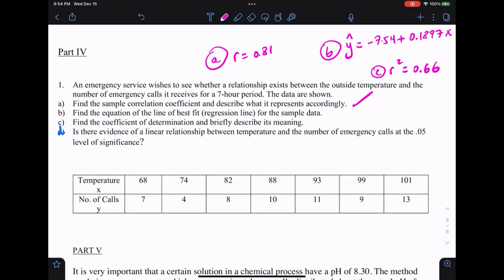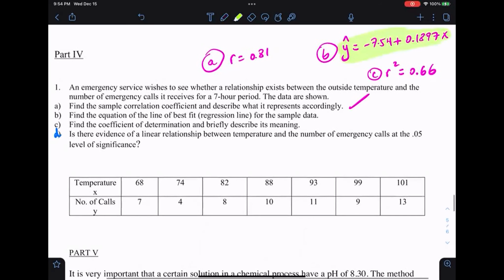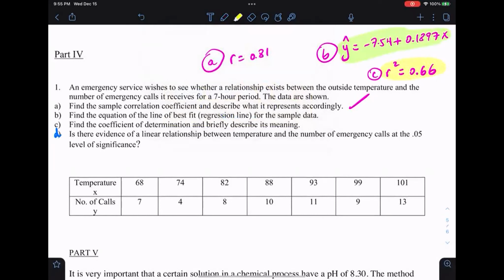Find the equation of the regression line. So this is the equation of the regression line with a calculator. We save a lot of time by using technology. Find the coefficient of determination. We found the coefficient of determination. This is this thing here. And they say to briefly describe what it represents.